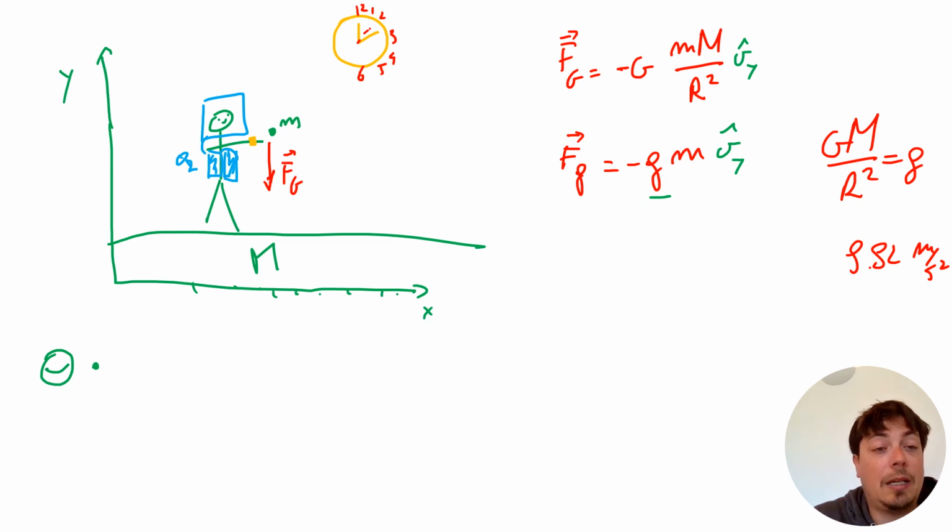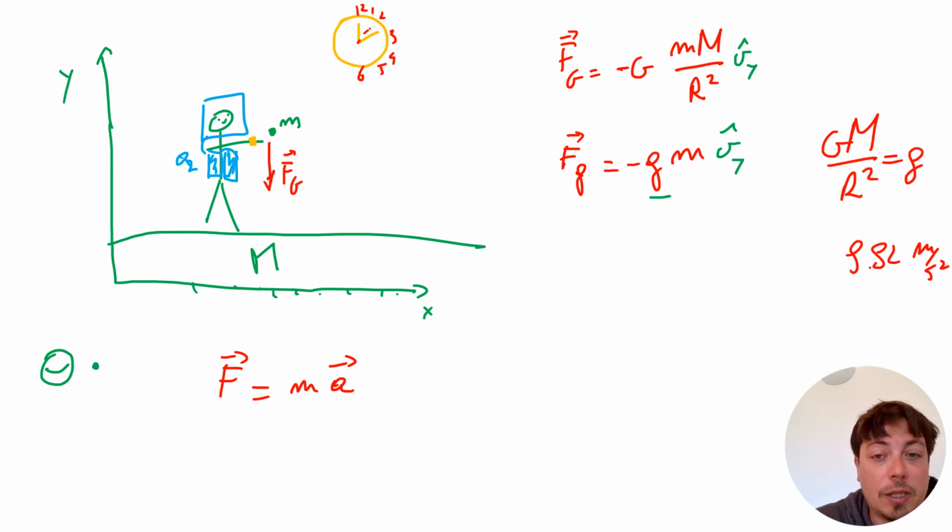Now we can simplify the problem, because we see that F is equal to m times a. We have only one component, because we let go of the object easily, so it will follow a straight line, because we don't put any force in the x direction.